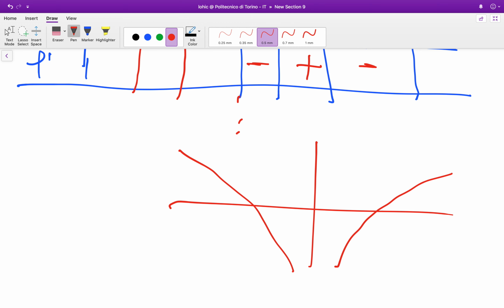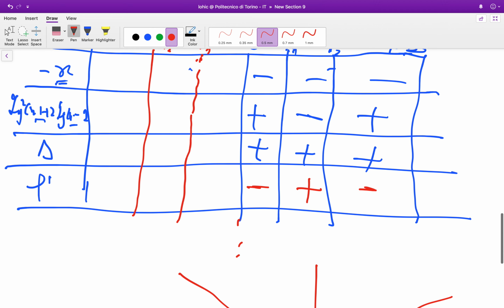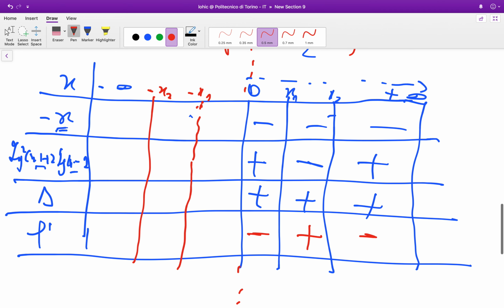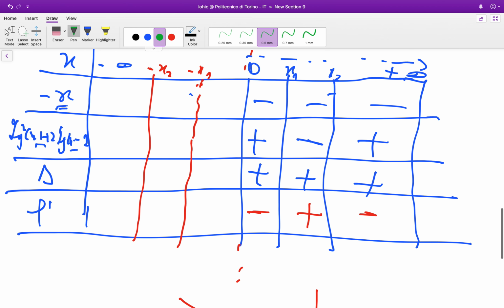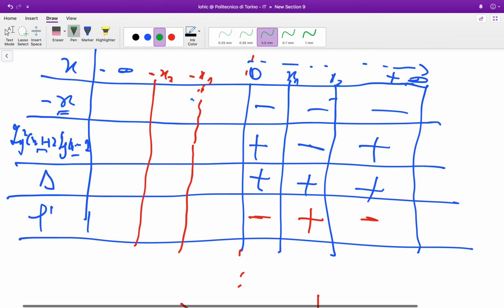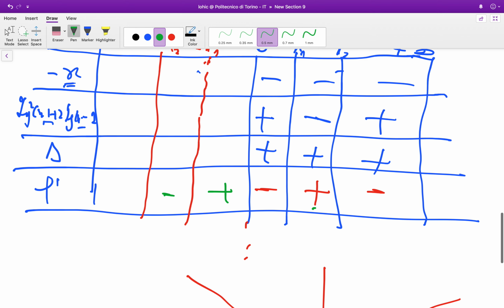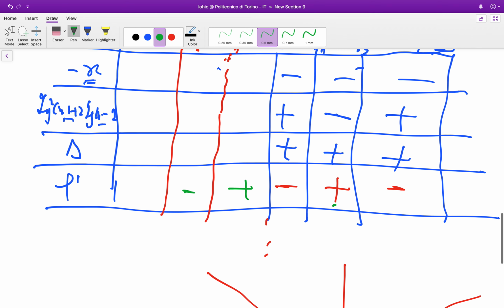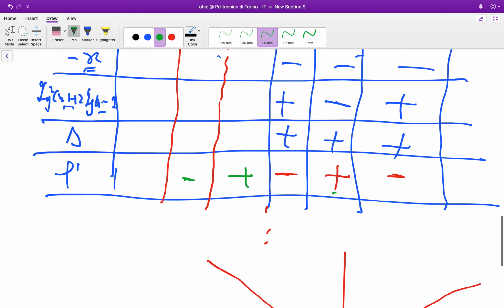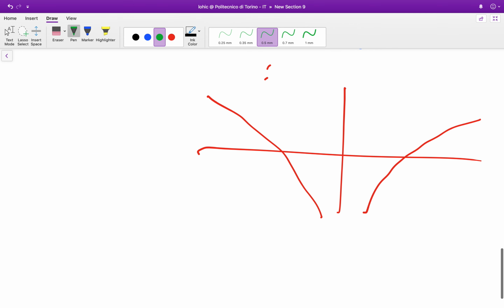Doubts? So due to the symmetry, in this interval that is minus, here it will be plus, where it's plus, here it will be minus, and where it's minus it will become plus.